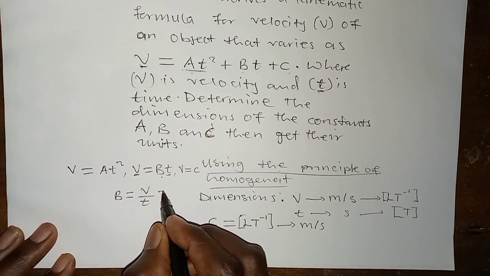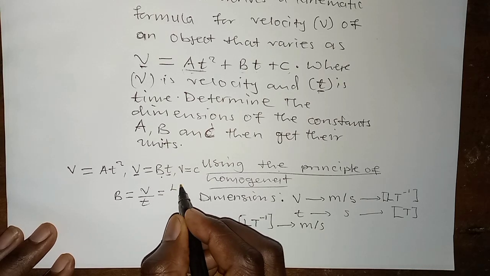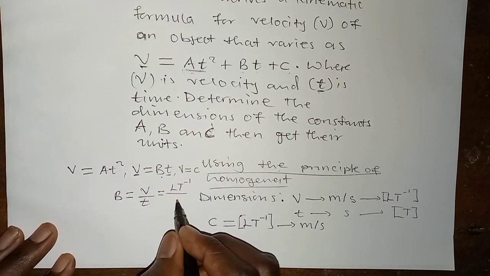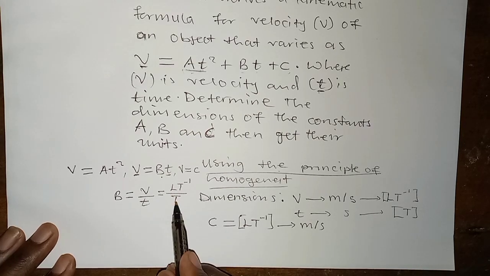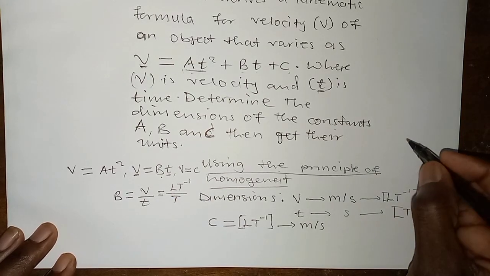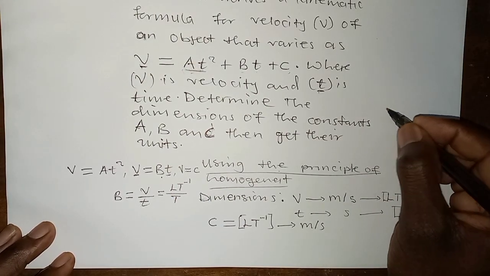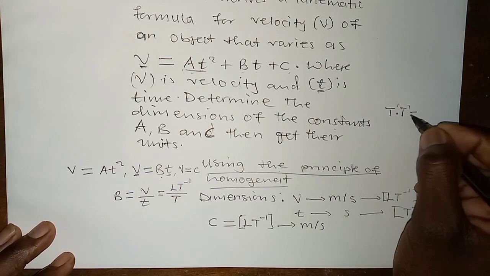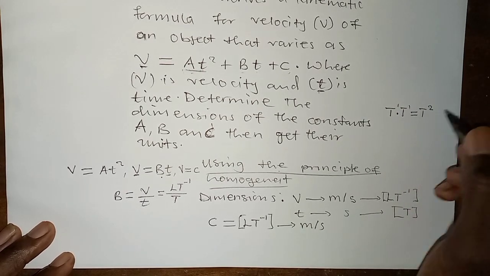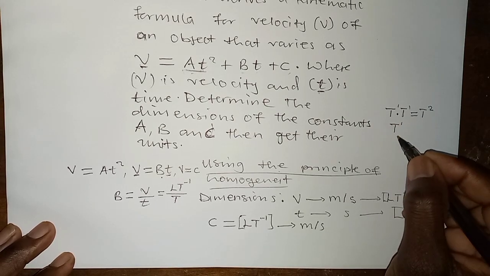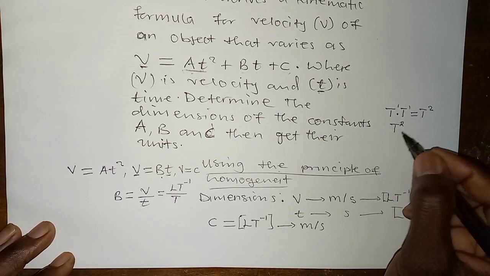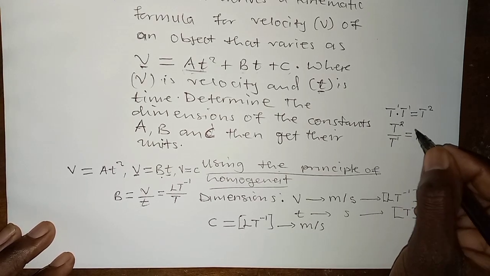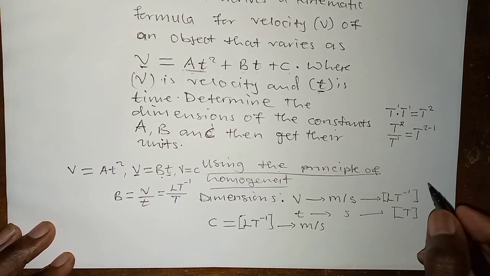It has to be L T to the power negative 1, and you divide this by T. Using indices, T to the power 1 multiplied by T to the power 1 gives T to the power 2, and T to the power 2 divided by T to the power 1 is the same as T to the power 2 minus 1.